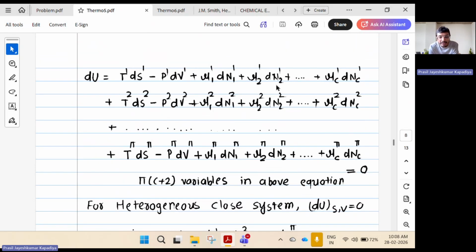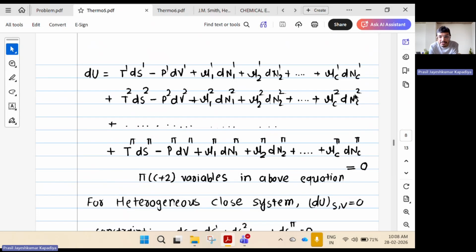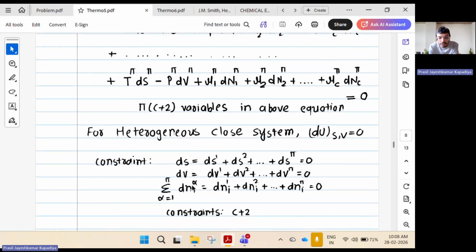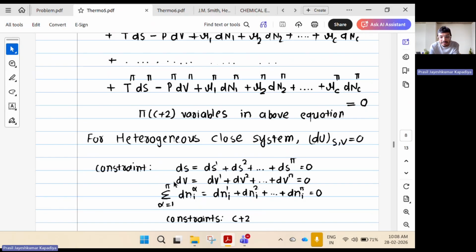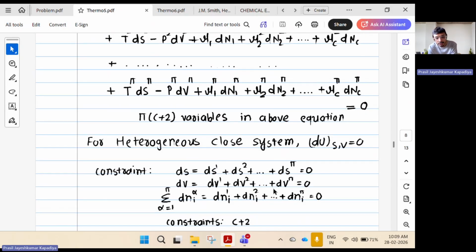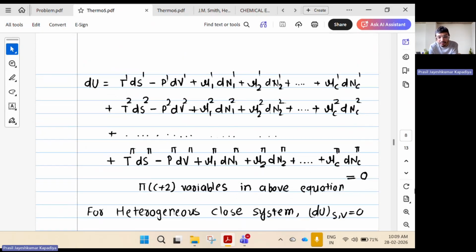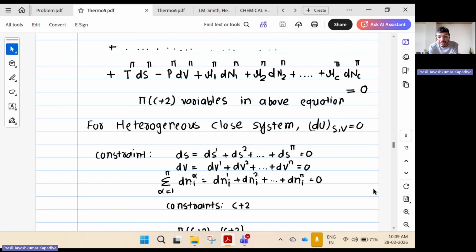And similarly, for each component i, the sum over phases alpha equal to 1 to pi of dn_i of alpha should be equal to 0. So I'm writing dn_i1, dn_i2, dn_i3, and so on, should be equal to 0.